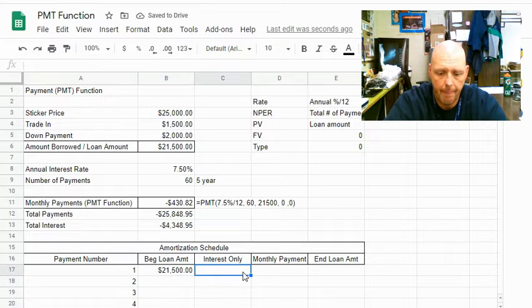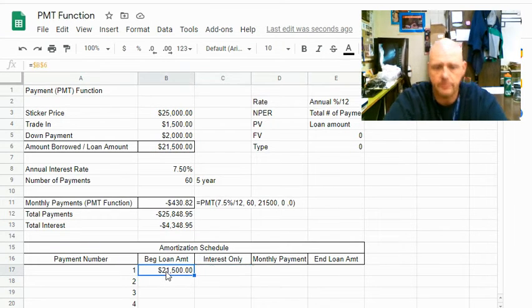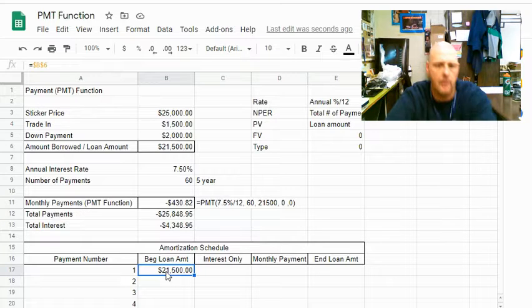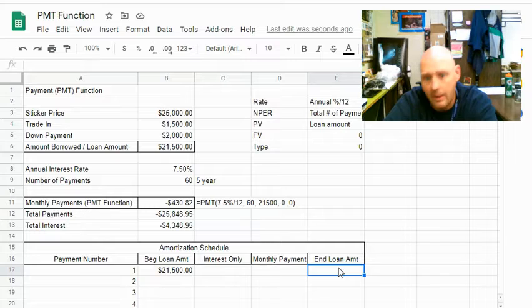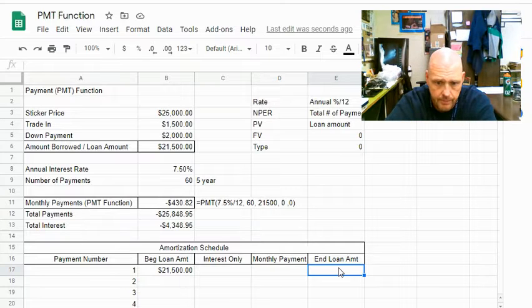Interest only. I want to calculate the interest on this number to the left of me. I don't want to calculate the number on this interest. Because as I make my payment, in theory, my payment's going to be bigger than the interest calculated, right? If I just make up numbers and let's say it's $100 in interest and $400 in payment, my loan balance is going to go down approximately $300.